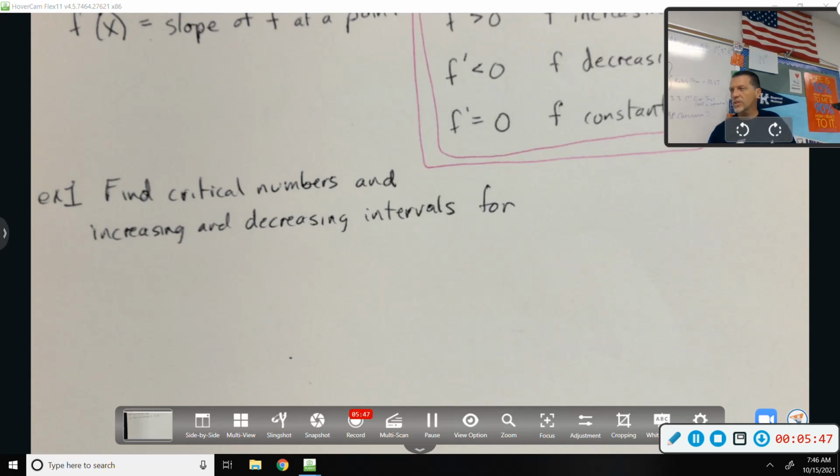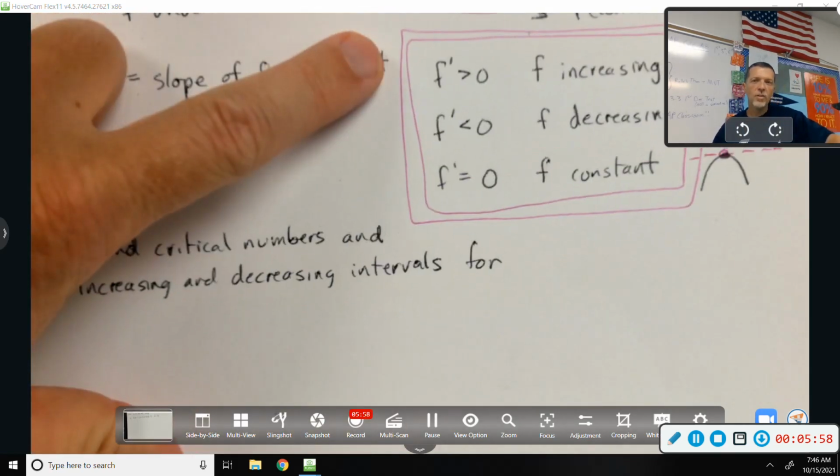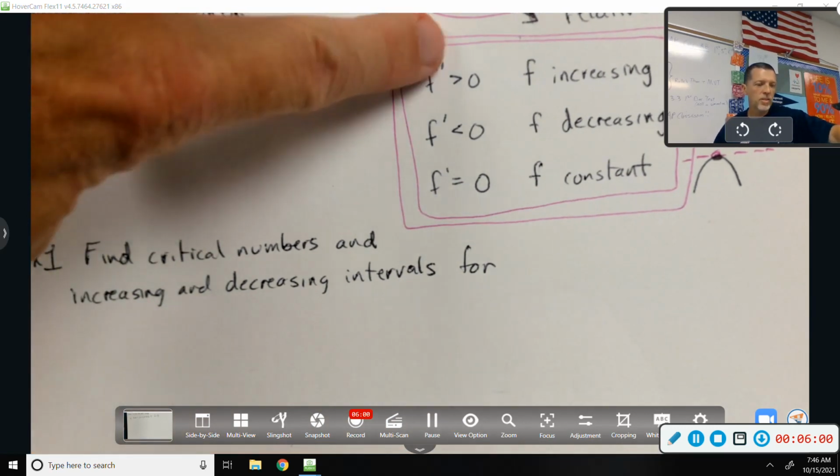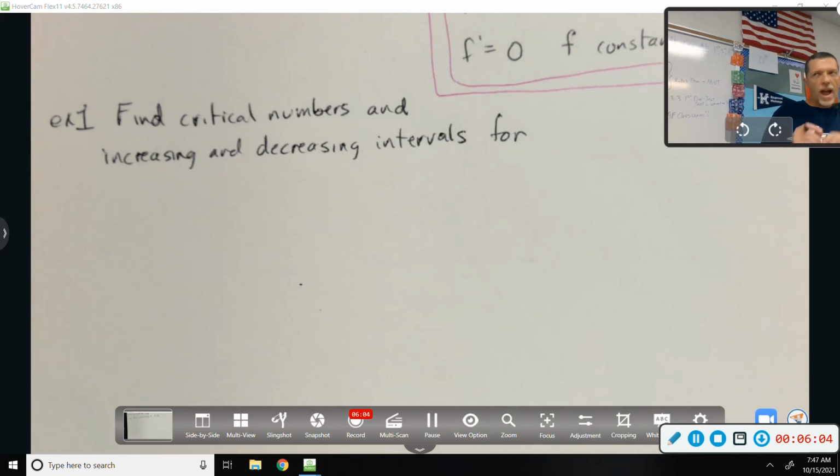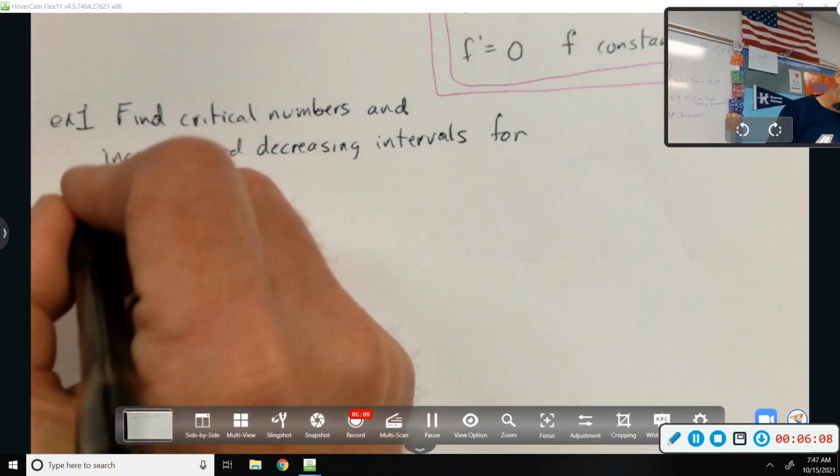So find critical numbers, we know how to do that. f prime is 0 or undefined. That'll set up the intervals, and then we'll figure out, between those intervals, what's f prime, because if f prime is positive, then we're increasing. If f prime is negative, we're decreasing. So we're adding one extra step to what we did Monday.